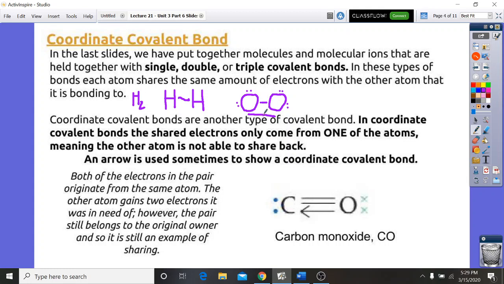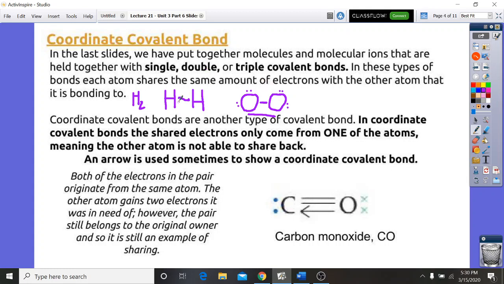Double bond means that each atom is sharing 2 electrons with the other atom. You have an equal sharing. This oxygen shares 2, this oxygen shares 2 back. They each together then are sharing 2 pairs, which makes a double bond.